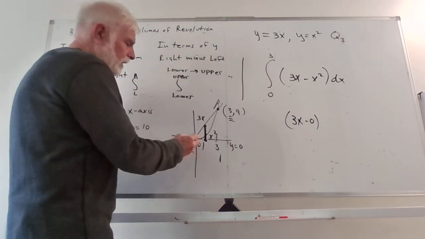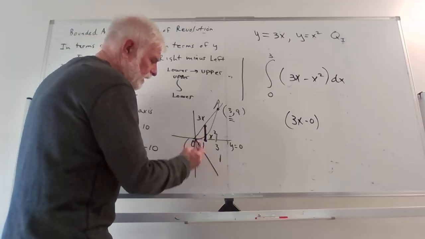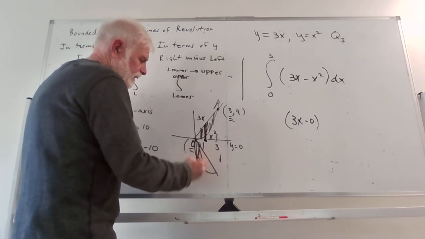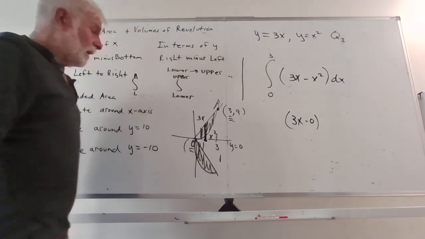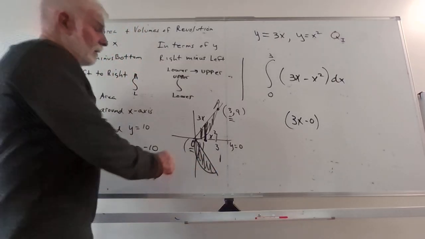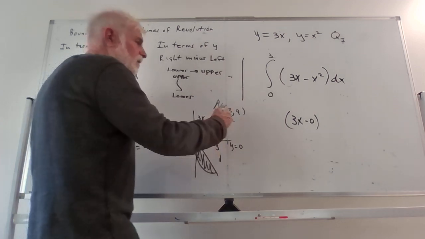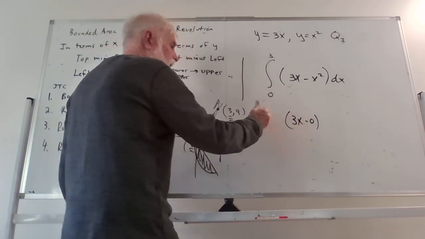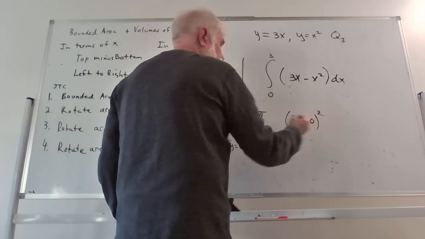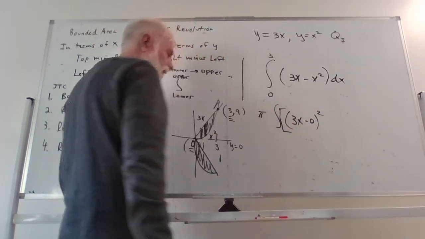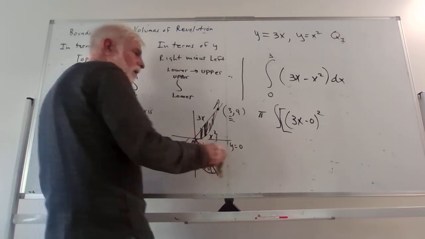And then I'm going to get a picture that looks like this because I'm rotating this area around the x-axis. And so now I need to take away a smaller disk. This is going to be a bigger disk with a pi r squared. All right. So that's my big radius. My little radius is x squared minus 0.